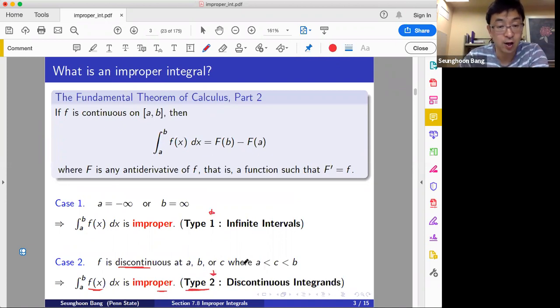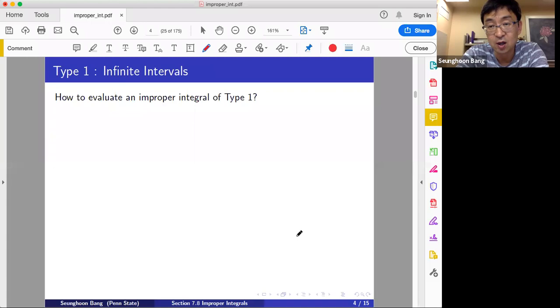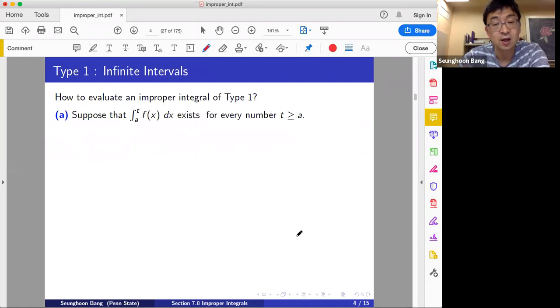So we have two types of improper integrals, type 1 or type 2. How can you calculate type 1 or type 2? Type 1, infinite intervals. How to evaluate the improper integral of type 1? Suppose that the integral from a to t of f of x dx exists for every number t greater than or equal to a.